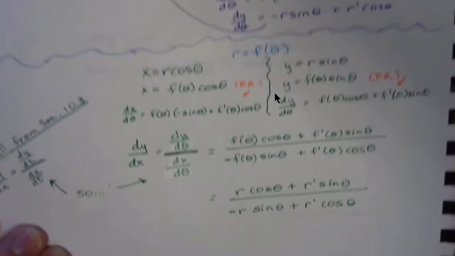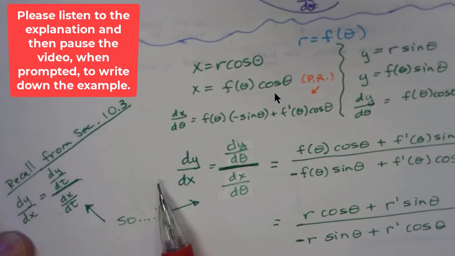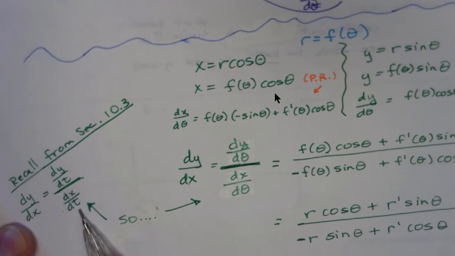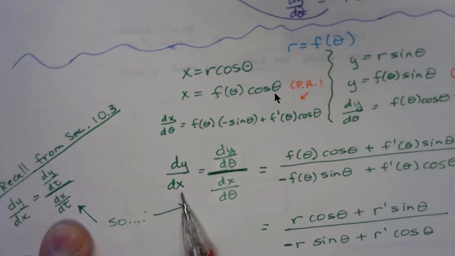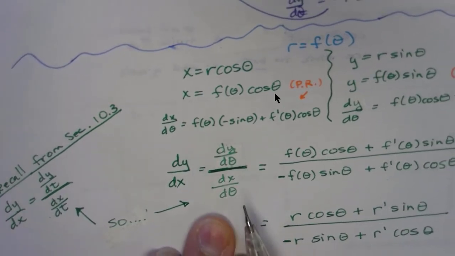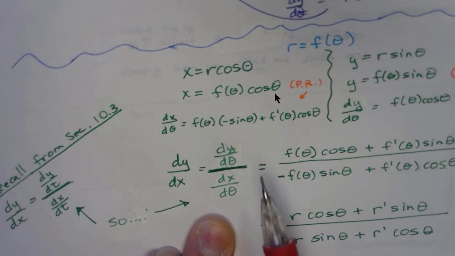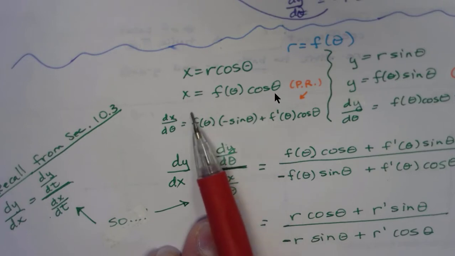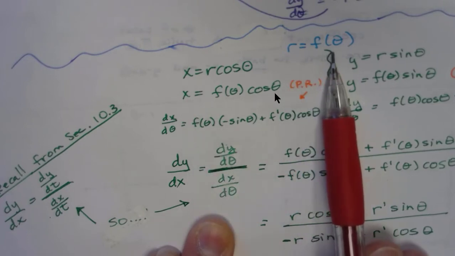There you go. Let us recall from section 10.3, we had dy dx equals dy dt over dx dt. So dy dx equals dy d theta over dx d theta. And let's let x equals r cosine theta, and r is going to be a function of theta.